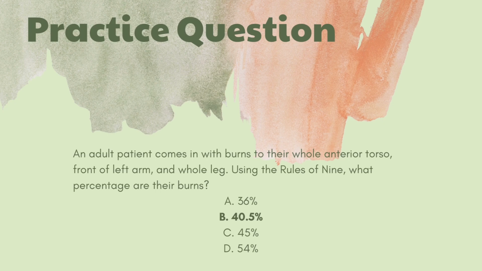So, we know the whole arm is 9%. So, 9 divided by 2, because it's just the front half, is 4.5. 18 plus 4.5 is 22.5. And then their whole leg, which is 18%, added to 22.5 is 40.5. And that is how you get that answer.